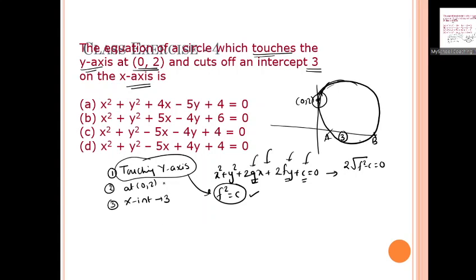Then the circle has to pass through 0 comma 2, right? If it is touching the y-axis at 0 comma 2, that means 0 comma 2 is a point on this circle. So if you substitute 0 comma 2 on the circle, you're going to get 4 plus 4f plus c equal to 0, right?